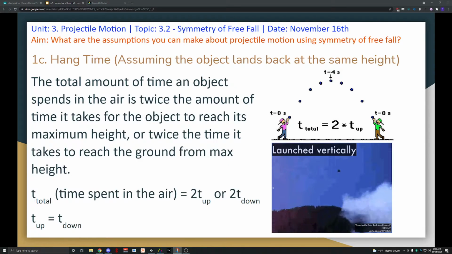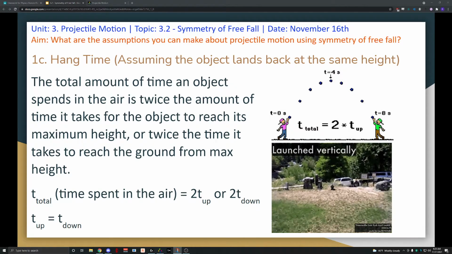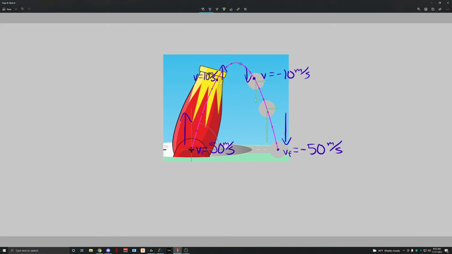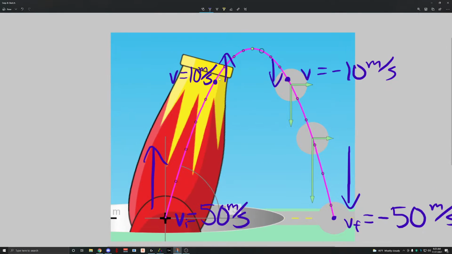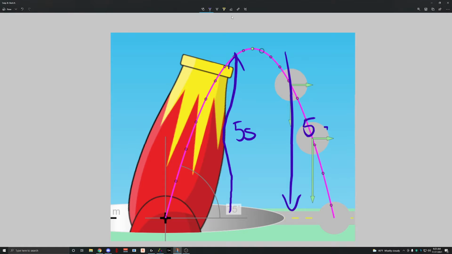And so the fourth assumption is your hang time. I can just explain it based on this image again. If it takes you, I don't know, 5 seconds to go up to your max height, well, on the way back down, it's going to take you another 5 seconds to come back down.